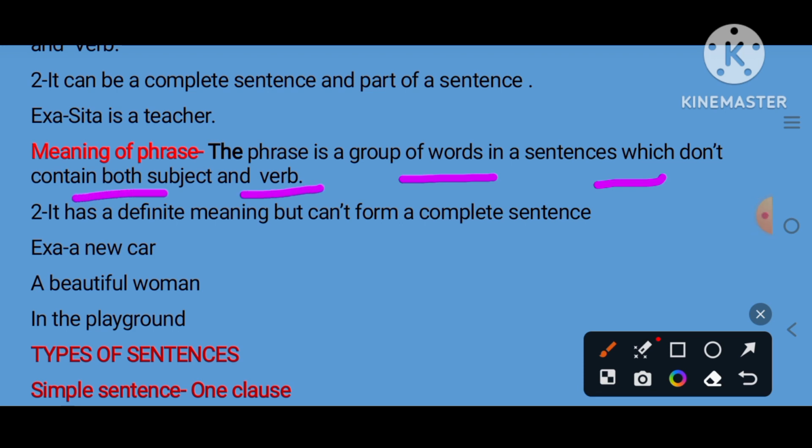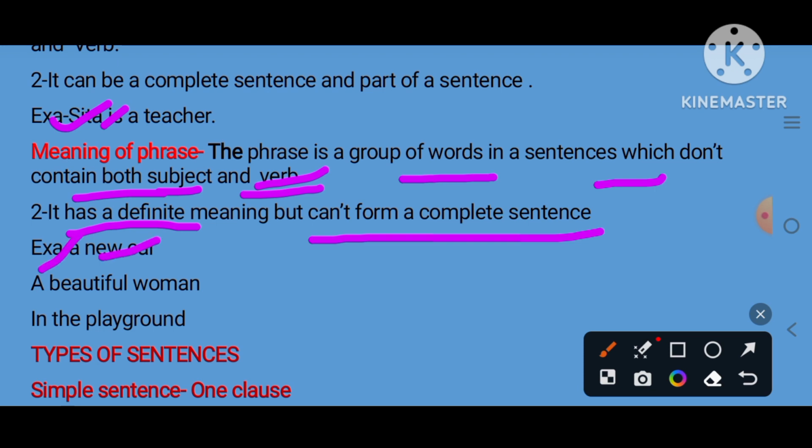In a clause we have the subject and a verb. But a phrase is also a group of words, but it does not have any subject or verb. It has a definite meaning but cannot form a complete sentence. It gives us the complete sense, but it does not have a subject or a verb.